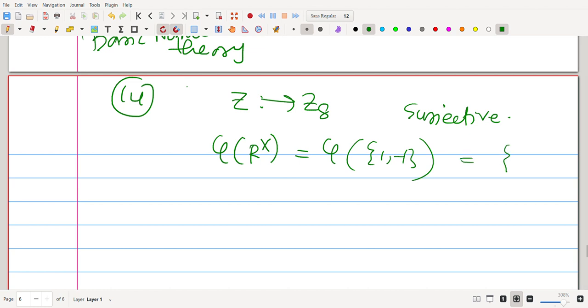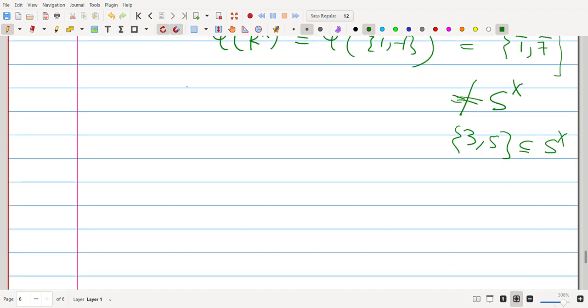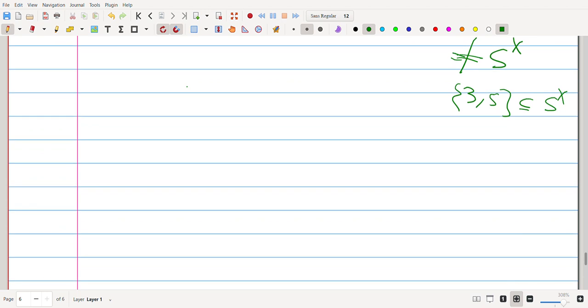It is {1 bar, 7 bar}, right, which is not equal to the group of units of Z8, because 3 and 5 also belong to it.